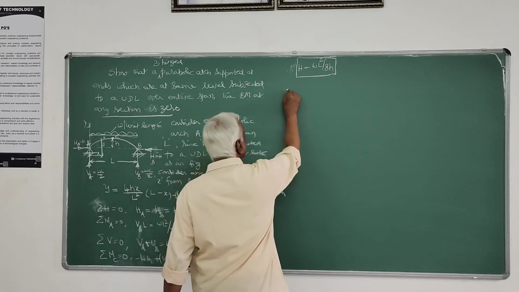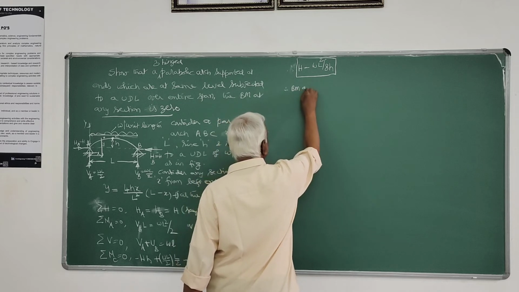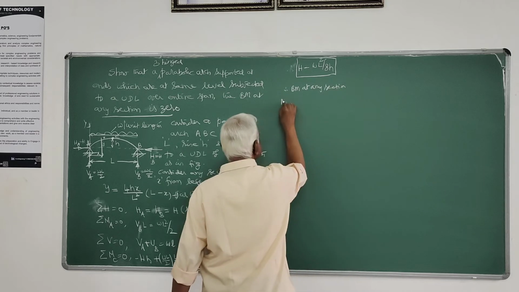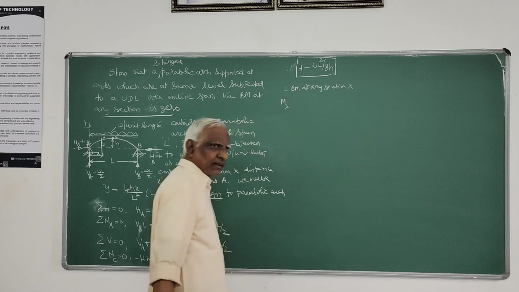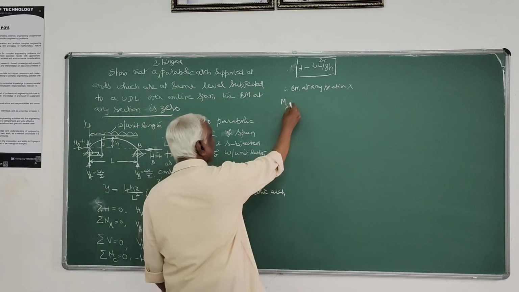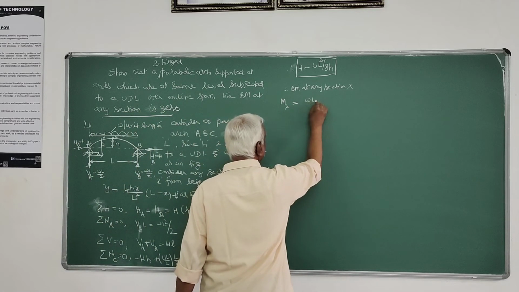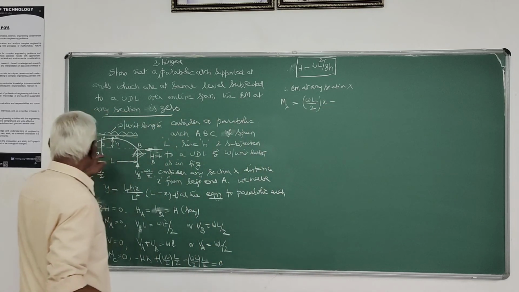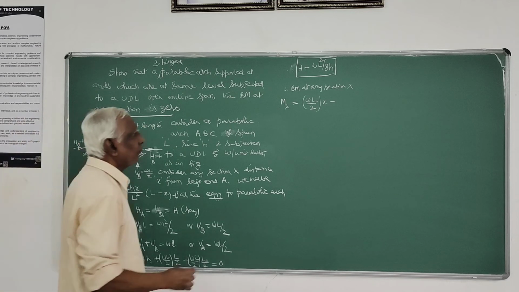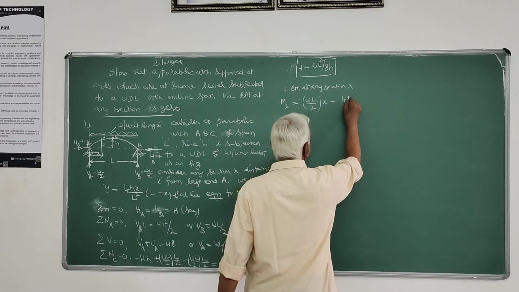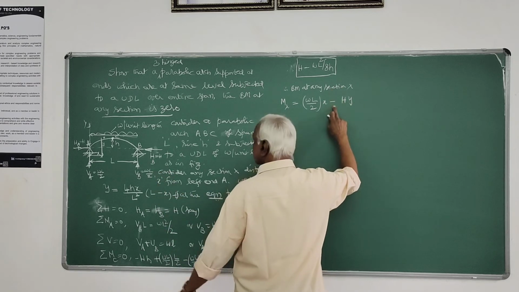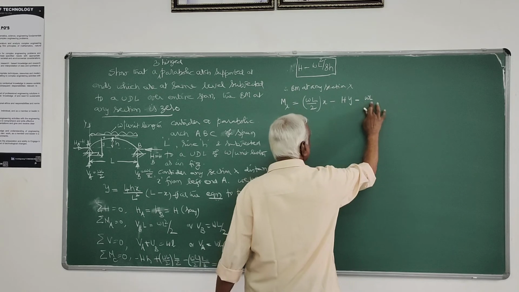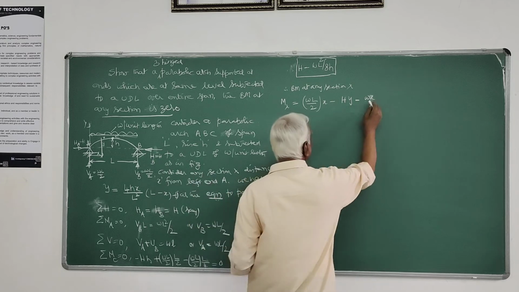So therefore, the bending moment at any section x, Mx, is nothing but WL by 2 into x, minus H into y, which acts in the opposite direction, minus Wx into x by 2.